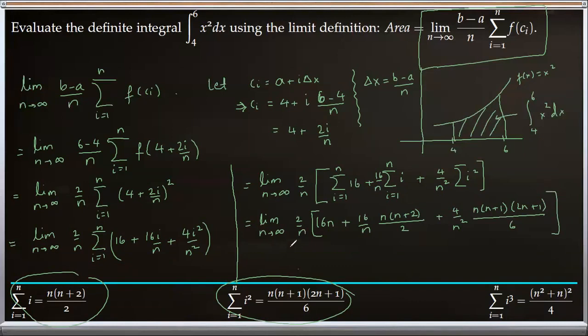Okay, let's multiply each of these terms by 2 by n and also simplify as far as we can so that we can do the limit. Limit as n goes to infinity. The first expression becomes just 32, plus the second expression becomes 16 on the top, n times (n plus 2), divided by, well, we have this 2 by n also.